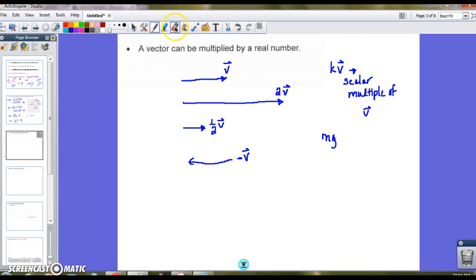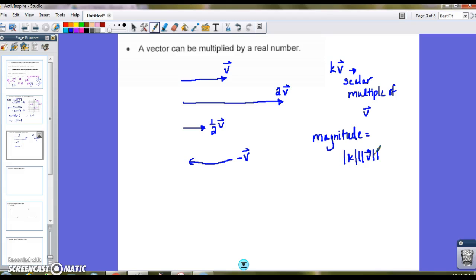The magnitude of our scalar multiple is found by taking the absolute value of k and multiplying it by the magnitude of V. Remember that when we're talking about magnitude, we're not talking about negative numbers.